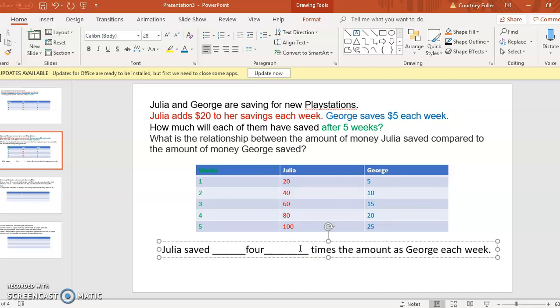Julia saved 4 times the amount of George each week. And that is how you describe the relationship between two different patterns. Nice job.